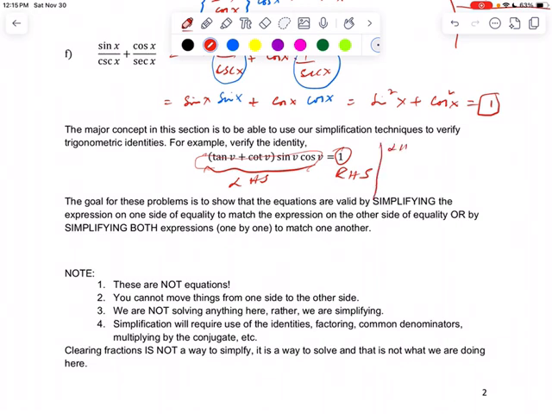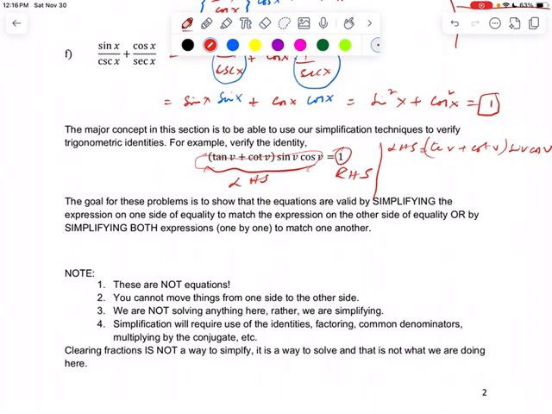So I can go: left hand side equals tangent of V plus cotangent of V, times sine of V into cosine of V. Now what can we do here? What would you do if these were numbers or just variables?